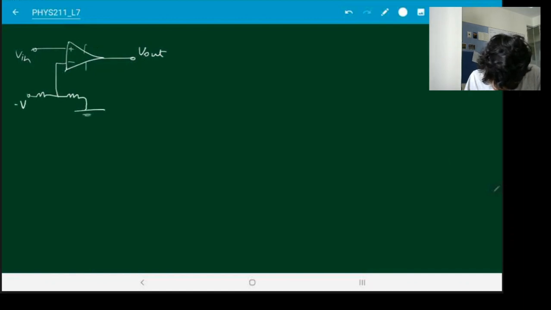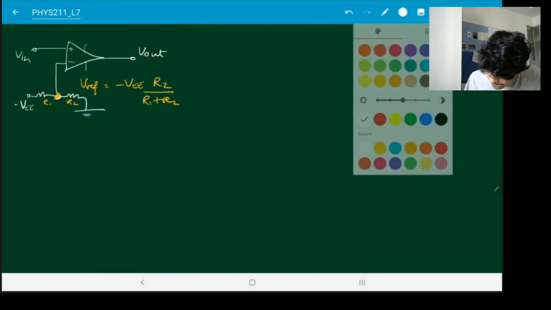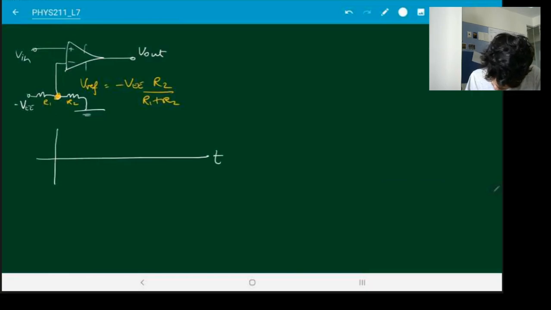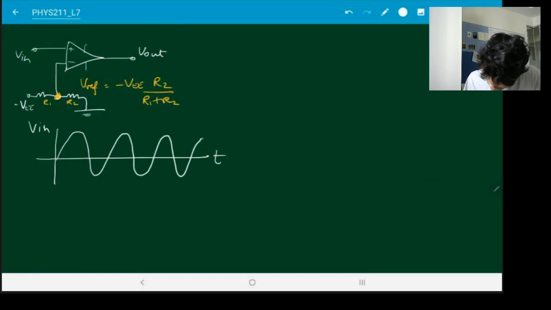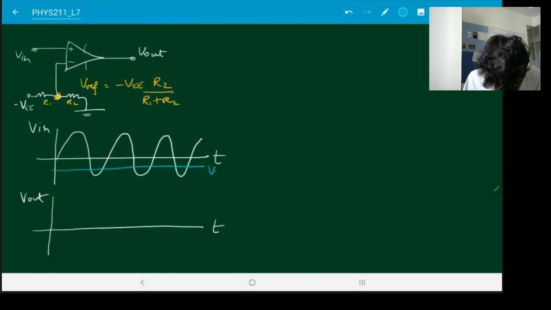So now I'm going to put some negative voltage over here. So now my Vref is minus VEE R2 over R1 plus R2. And for this circuit, suppose my Vref is here now because it's negative.